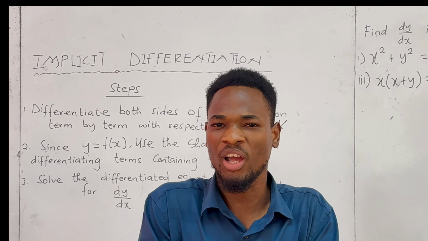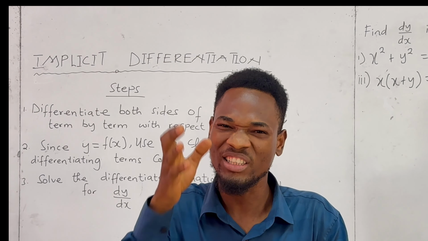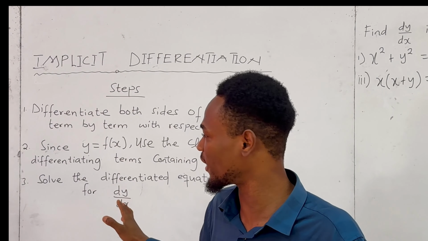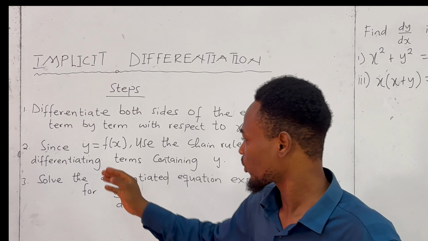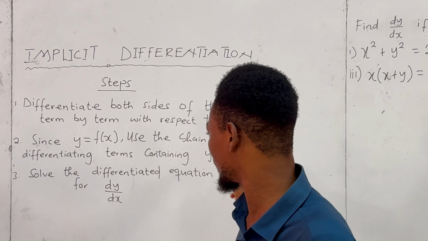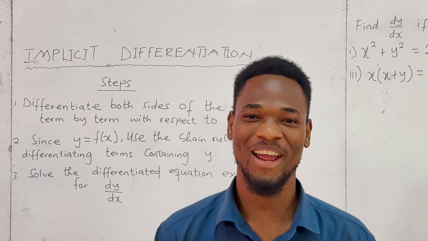When I got to terms containing y, I added dy dx. I'm going to solve them practically over here. And lastly, you have to solve the differentiated equation explicitly for dy over dx.